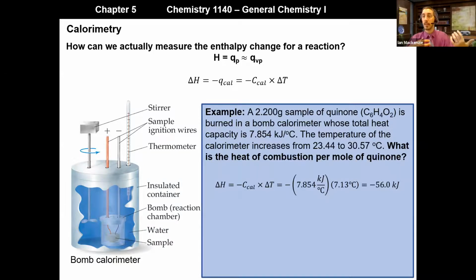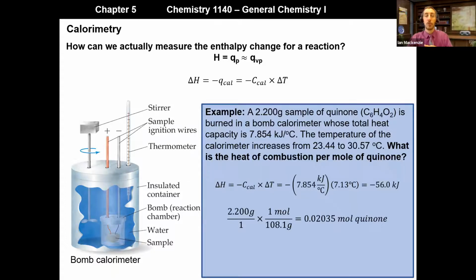Just like the example in the last video, when we're trying to find something per mole, we were given the mass, and we're given a chemical formula. We can use the molar mass to convert mass to moles, and then we can simply take kilojoules divided by the number of moles to get kilojoules per mole.